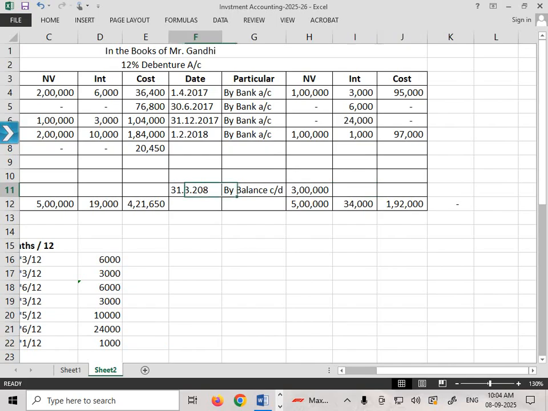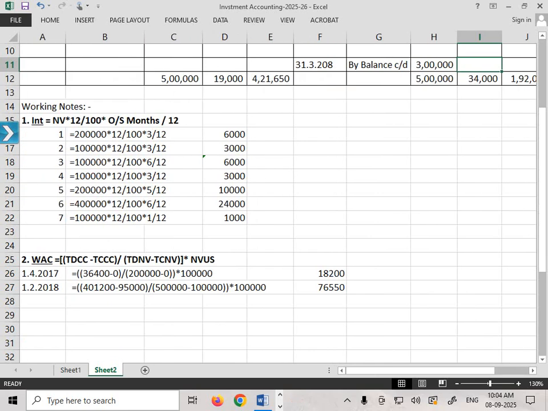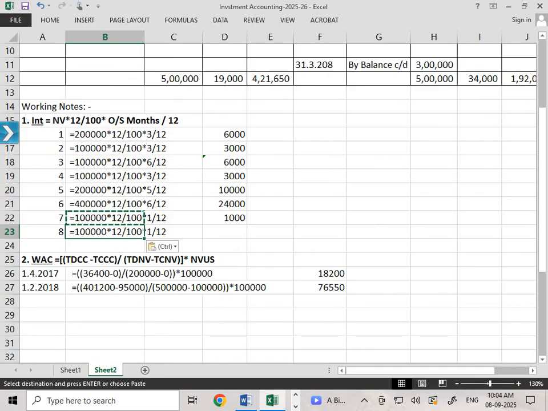Now on 31st March, we have to carry forward outstanding interest. So we have to calculate interest on the balancing figure. What is the balancing figure? 3 lakh.